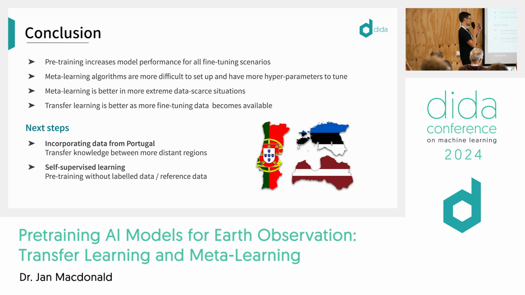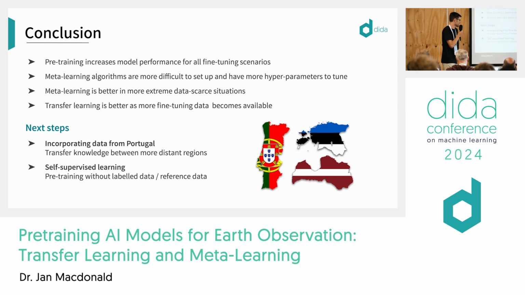The regular transfer learning works better if you have a bit more data. But I should also mention that setting up all this meta-learning machinery, like with the different subsets, this N-way K-shot learning, is a bit more involved. And also these algorithms have usually more hyperparameters to tune. So all of that's a bit more complicated. So from my personal experience doing this research project, I would usually prefer to just do the regular transfer learning.